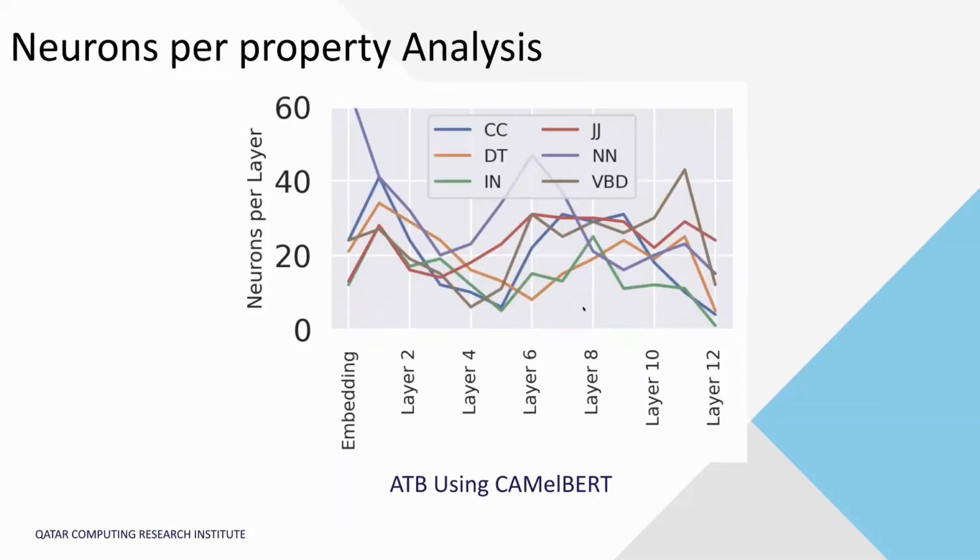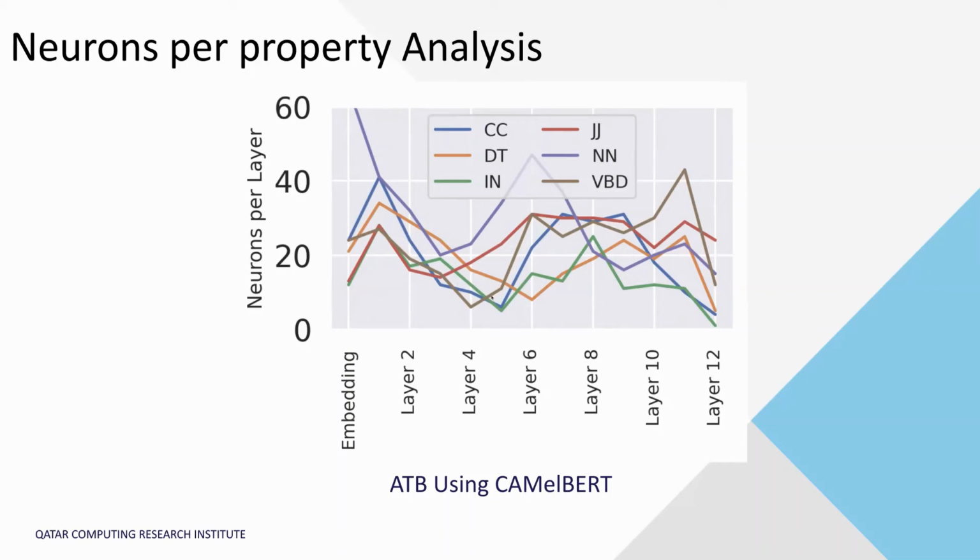So let's see, maybe here it's much clearer for CamemBERT, because CamemBERT was trained on a larger corpus, and it also includes dialectal Arabic, which means the representation is much richer. You can see here these first three, which are the open class, use more neurons in almost every layer, versus the closed class, for example the green and orange and the blue here.